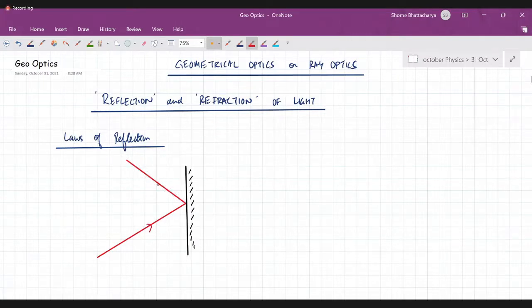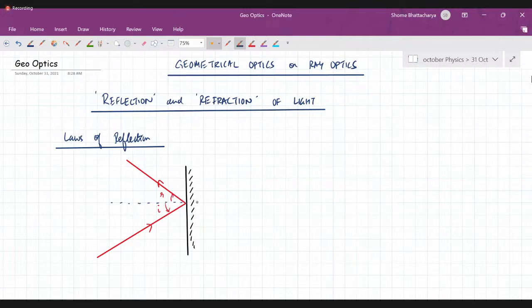So what is the angle of incidence and what is the angle of reflection? Let's understand that. At the point of incidence, if we draw an imaginary normal to the reflecting surface, the angle made by the incident ray with respect to that normal is called the angle of incidence, and we can denote it with the symbol I. Similarly, the angle of reflection is the angle made by the reflected ray with respect to the normal.